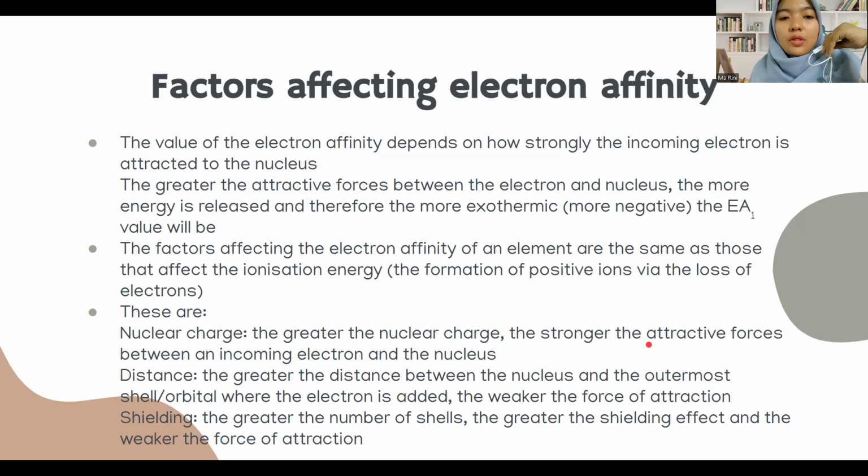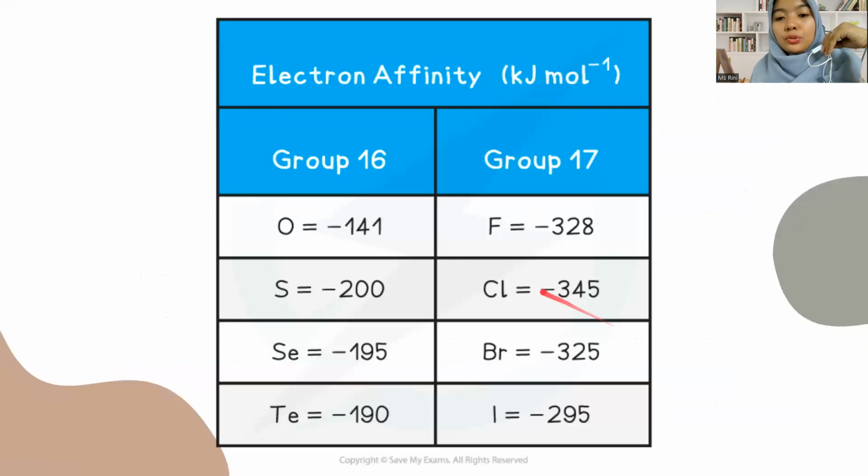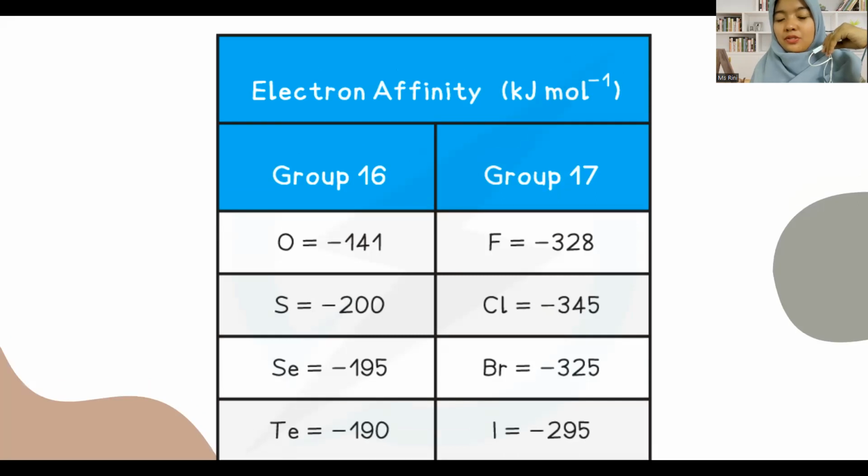Okay, so based on those factors, can you guess what's the trend of group 16 and 17 in electron affinity? Let me show you the data. Now I'm going to ask for your analyzing skills to find the trend of electron affinity. Okay, so yes, it's your time to analyze.